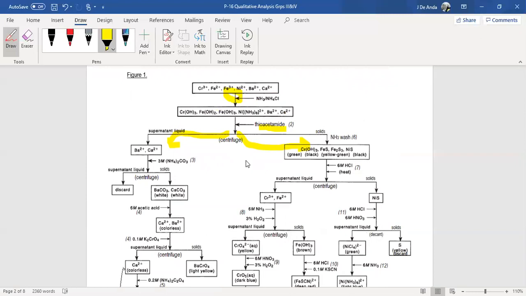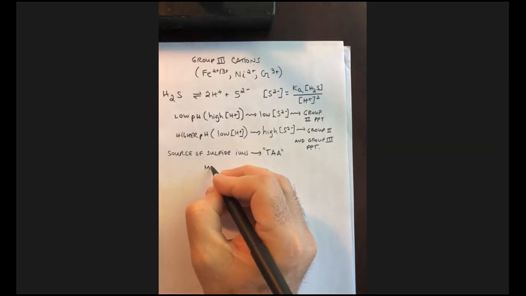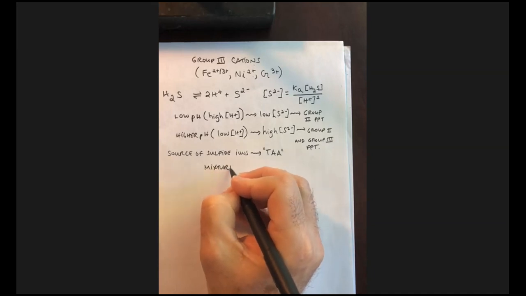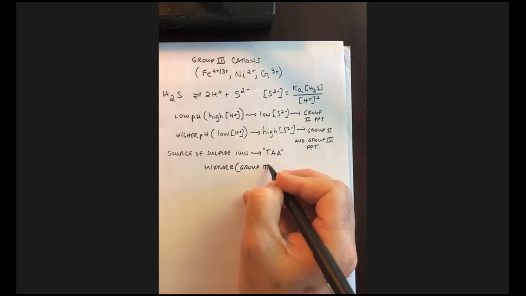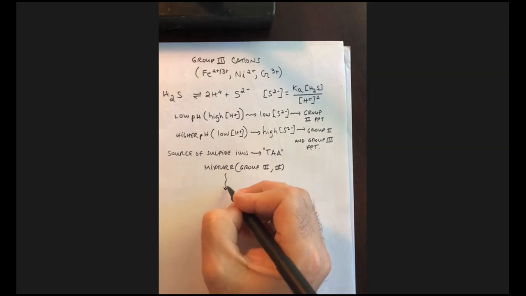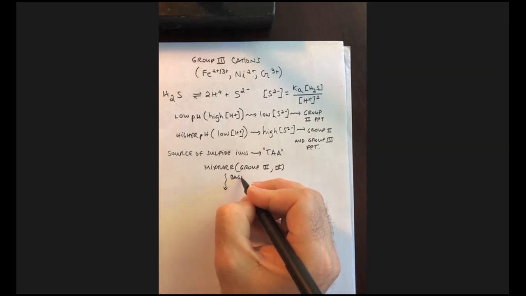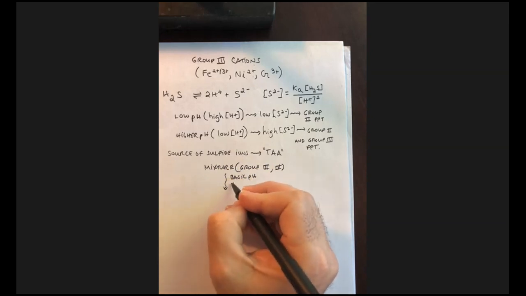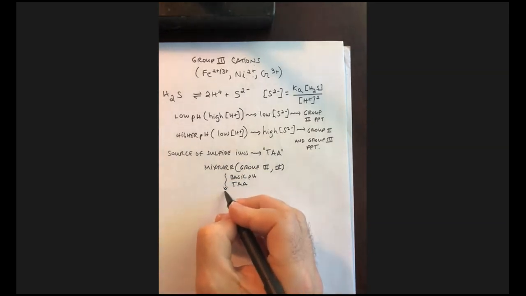All right. So our first step is going to be that separation. Let's come back here to our screen. We're going to start out by having a mixture. This is going to have group 3 and 4 ions. And then we're going to do a basic pH precipitation with thioacetamide.